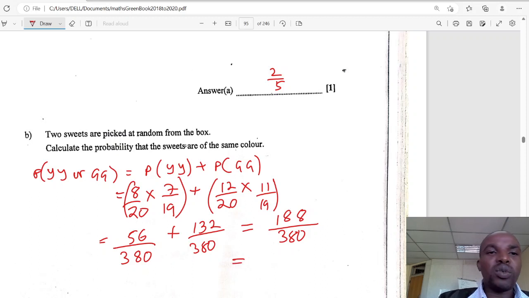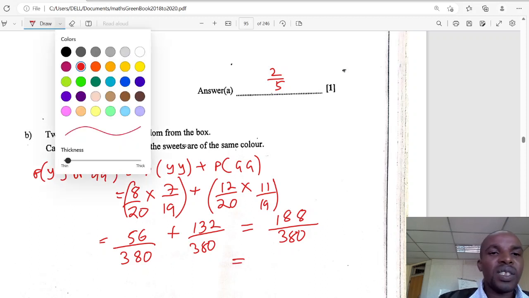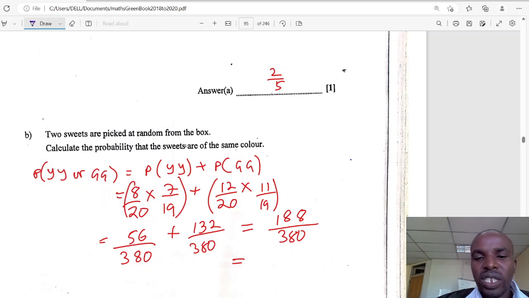Then simplify this part. What do we get? Simplify this one. You can simplify by 2. 2 into 18 is 9. Then 2 into 8 is 4. By 2, yeah? 2, 1, 9, 0.